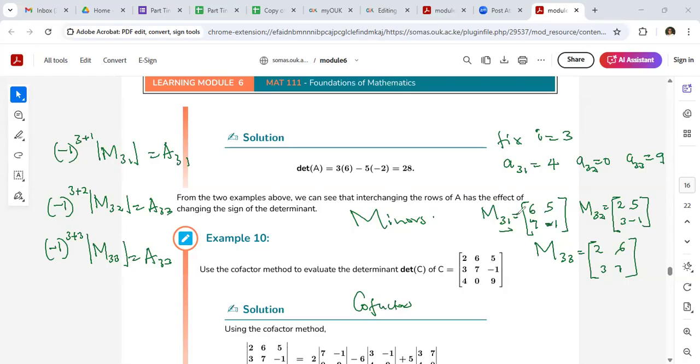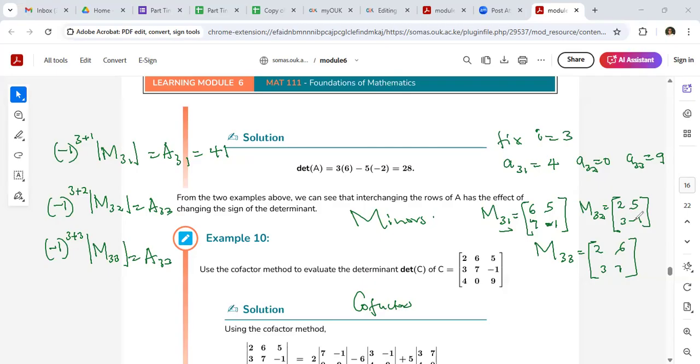So what's the determinant here? This is where now I go to Maxima very fast. So M31, I need to find determinant of M31. So that's negative 6 minus what? Minus 35, negative 41. But I have raised to power 3 plus 1, so that becomes 41.